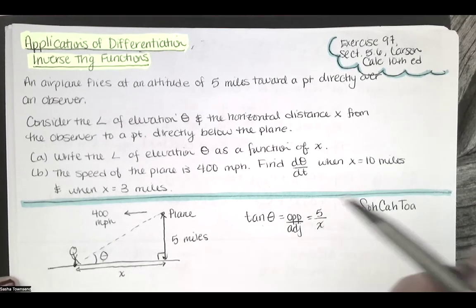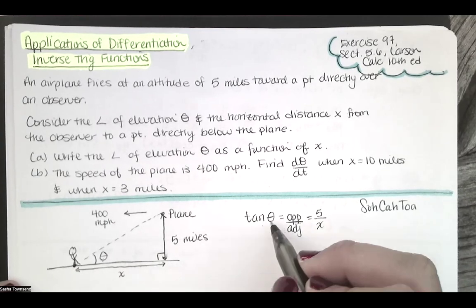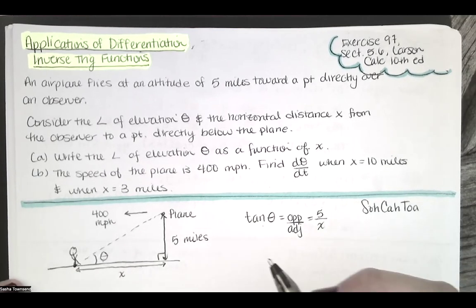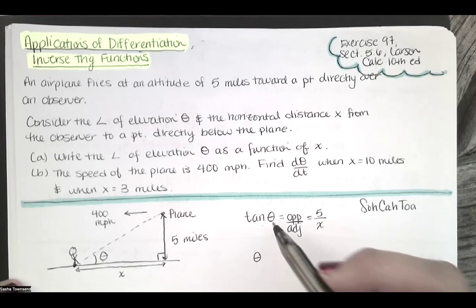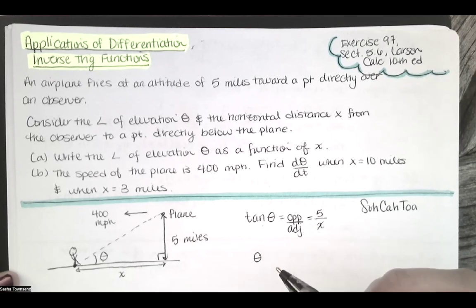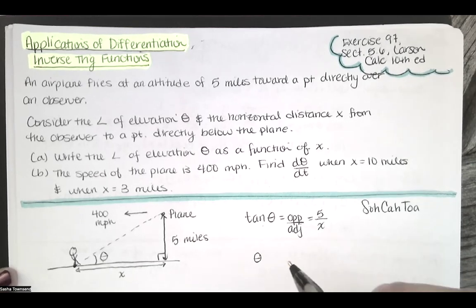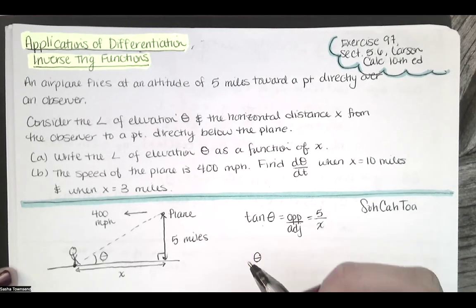So we're asked to find theta as a function of x. So if we want to, we can solve this for theta by taking the inverse tangent of both sides. The inverse tangent of the tangent is going to give us theta as long as theta is in the appropriate range of values. So as long as theta is between negative pi over 2 and pi over 2, the inverse tangent of the tangent of theta is theta.